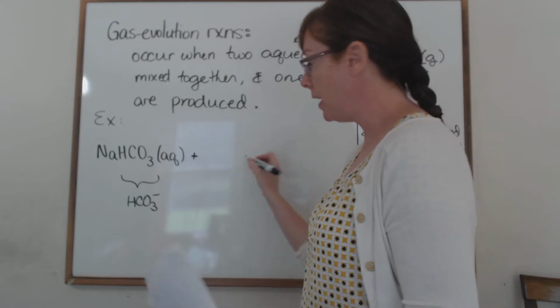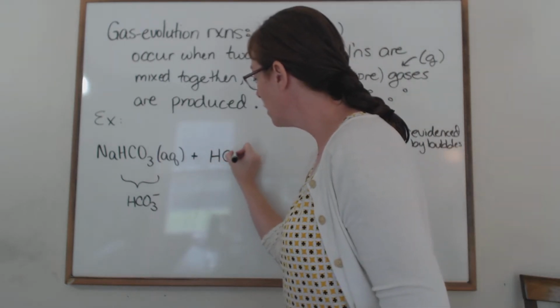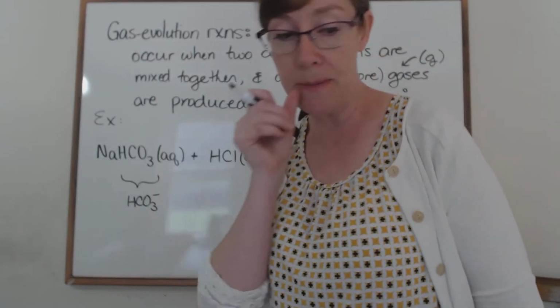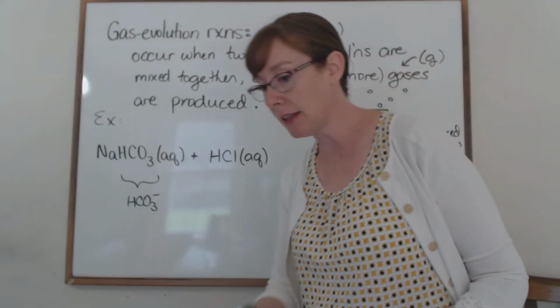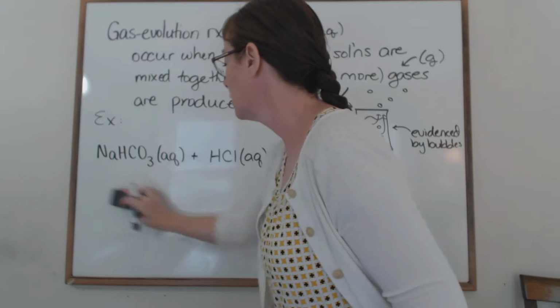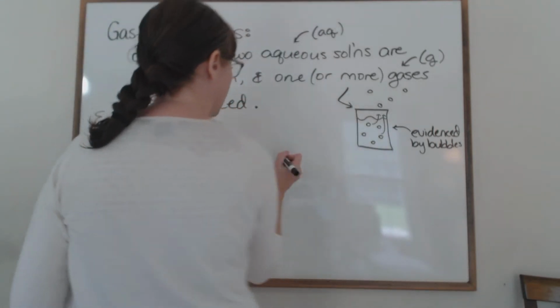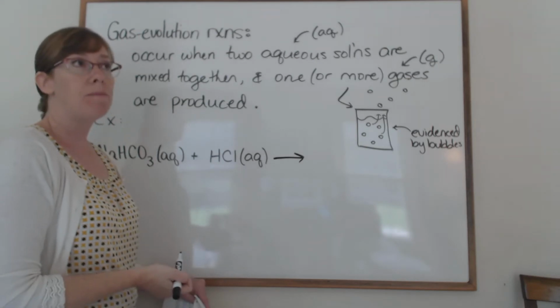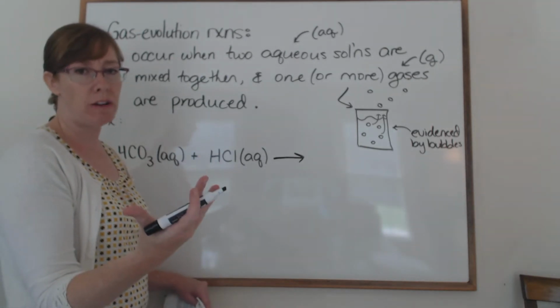When this reacts with hydrochloric acid, which, as we talked about before, will always be aqueous in terms of its phase label, these are the products that would form. And like I said, I would be telling you these reactions. You don't have to just figure out what's going to be formed.